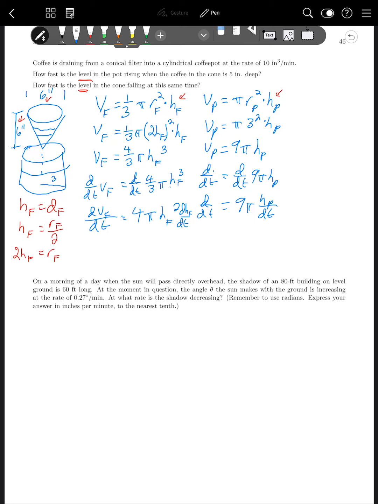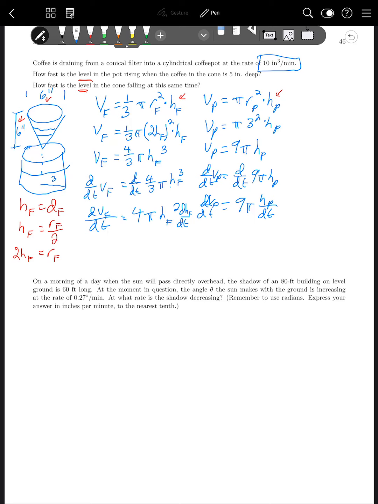I forgot a variable here, so this should be v sub p. Now there's one other piece of information in this problem we haven't used yet, which is the rate at which the coffee is draining from one to the other. That's the rate at which the volume is changing. The volume in the filter is going down, and the volume in the pot is going up.